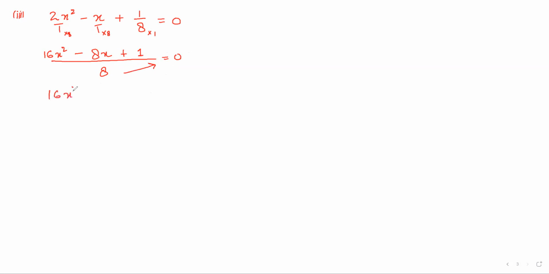So 16x square minus of 8x plus 1 is equal to 8 into 0. So that becomes 16x square minus 8x plus 1 is equal to 0. Is that okay? Now this is the quadratic equation. Now please do it quickly. Solve it. Abdullah, you will tell me the answer this time.